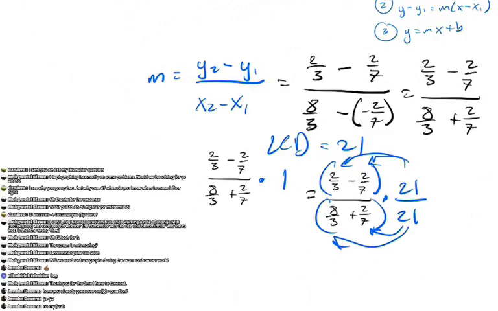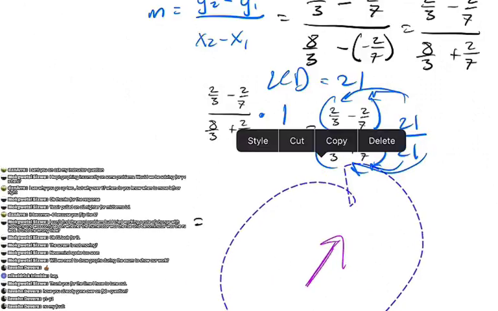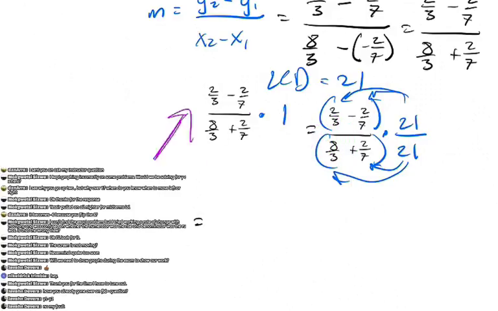So now if we distribute this 21, the first one, 21 divided by 3. I'll bring back my arrow. All right, so now if I distribute this 21 right here, when I say 21 times this 2/3, I'm going to say 21 divided by this 3 is 7, and then 7 times 2 is going to be 14.